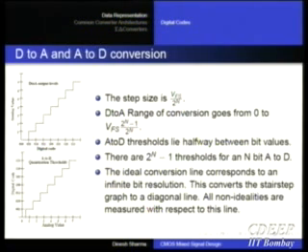Now, as soon as you convert from analog to digital, digital is a discrete system. You go suddenly from one count to the other. Analog is a continuous system. As soon as you convert, therefore, there is a quantization.